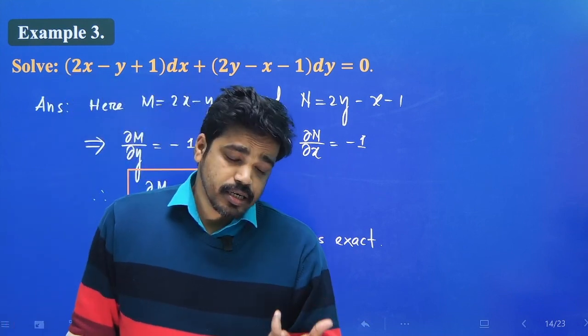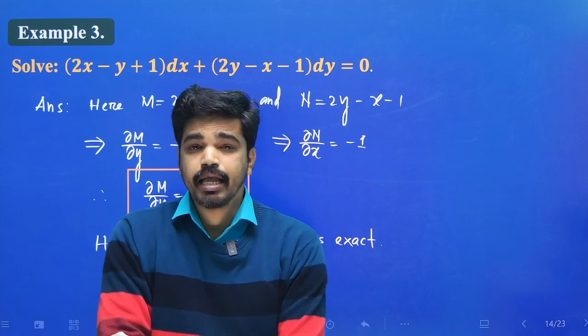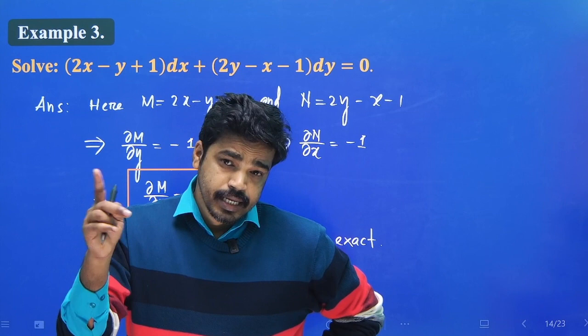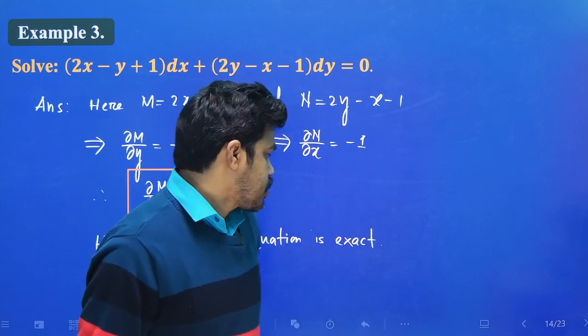So if a given differential equation is exact, then what is the solution? Solution is integration m dx treating y as constant plus integration terms in n not containing x into dy is equal to c, right?